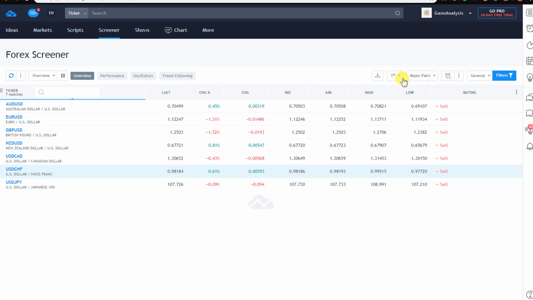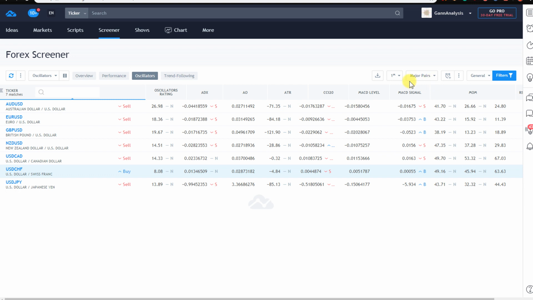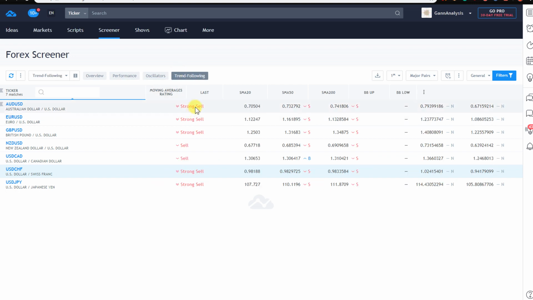So let's look at the monthly. Everything's negative, so everything is a sell. You look at oscillators on the monthly, everything is a sell except, interesting, the Swiss. It has a buy on the monthly. We'll look at that. And on the trend following, everything is a sell. So very negative.